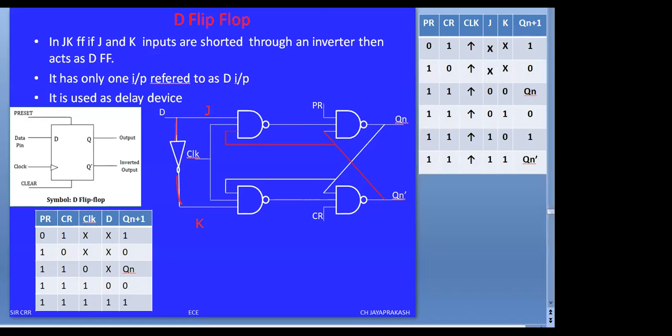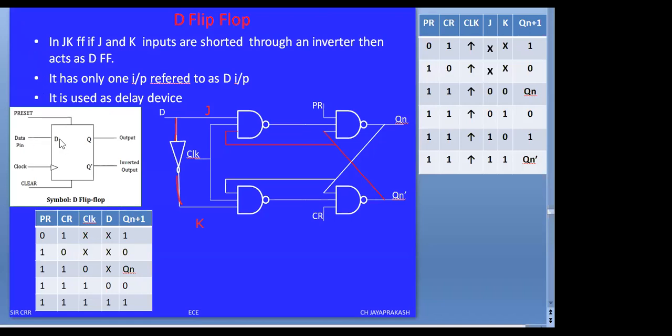As we have said, in the JK flip-flop, when J and K inputs are tied together through the inverter, this is called D flip-flop. It is called data flip-flop, or delay flip-flop. If you observe the block diagram, we will have only one pin.